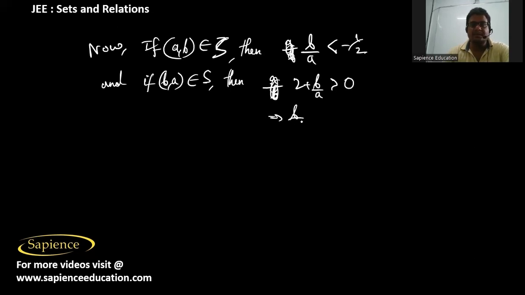It means B by A should be greater than minus 2. And here it is told B by A should be less than minus half. So it means that this condition is not satisfied.